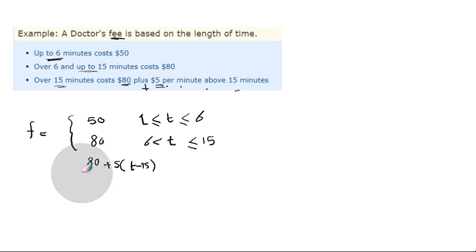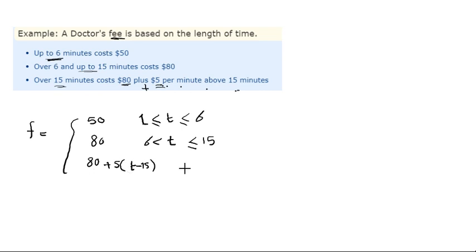What is that supposed to mean, time minus 15? It means any time that exceeds 15, or above 15 minutes. If it takes 16 minutes, it means 16 minus 15, 1 extra minute, then you will pay $5 plus 80, which is $85.